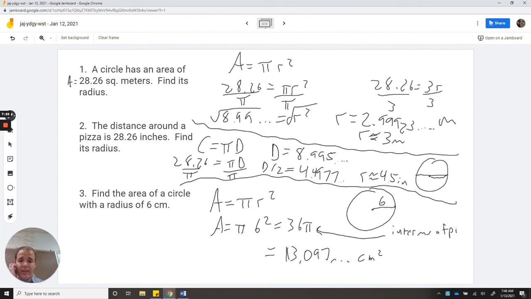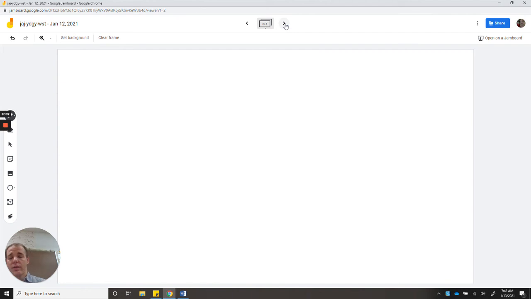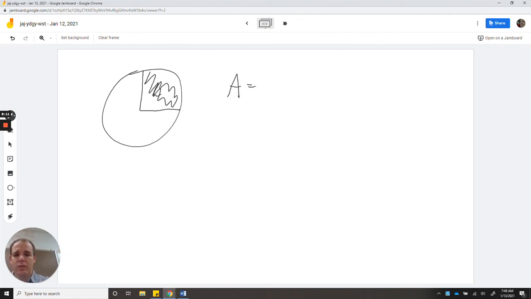So just a quick review on how to do area of circles, and also go backwards if you're given the area of a circle. I do want you to think for just a moment though. If I had to find the area of this much of the circle, so I'm going to do area equals pi r squared.